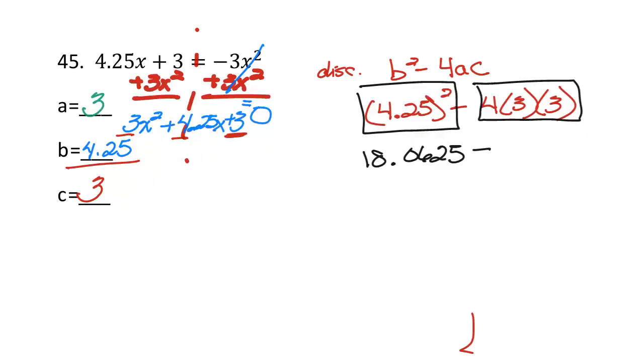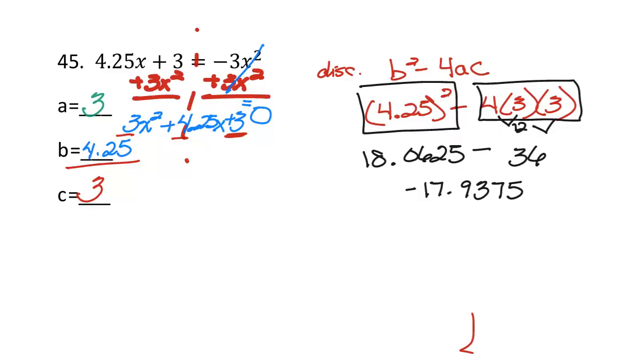So 18.0625 minus 4 times 3 is 12. 12 times 3 is 36. So 18.0625 minus 36 gives me negative 17.9375.